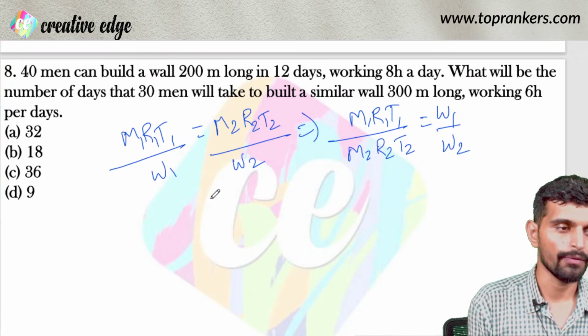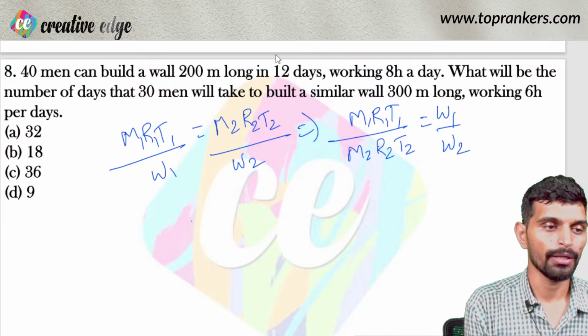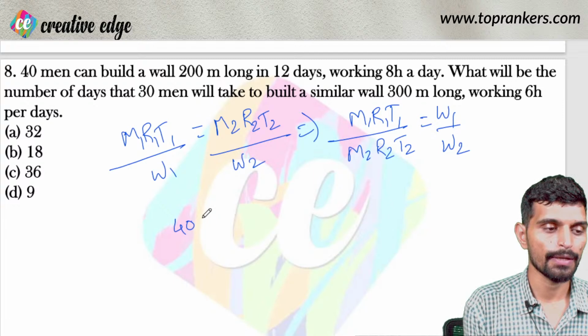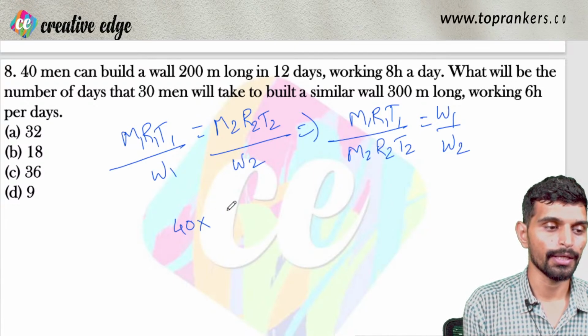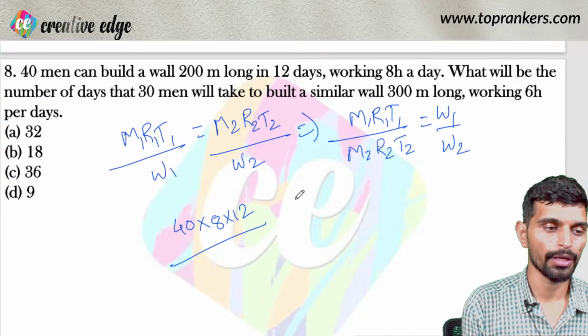Alright, so M1 is initially how many men? 40 men. So 40 is M1, rate is 8 hours a day and time is 12 days. Work is 200 units.